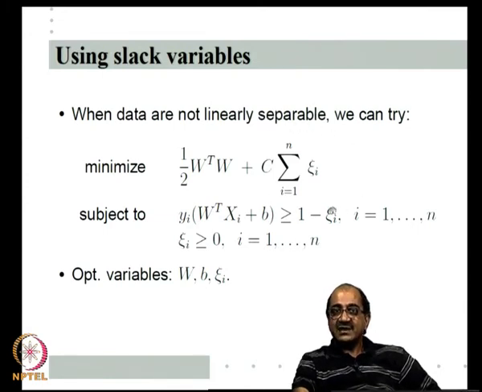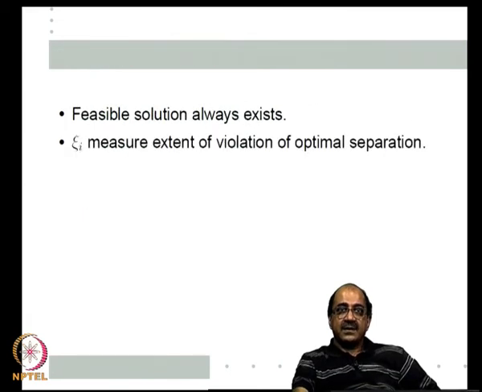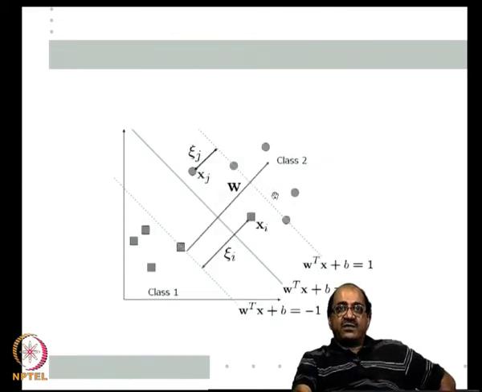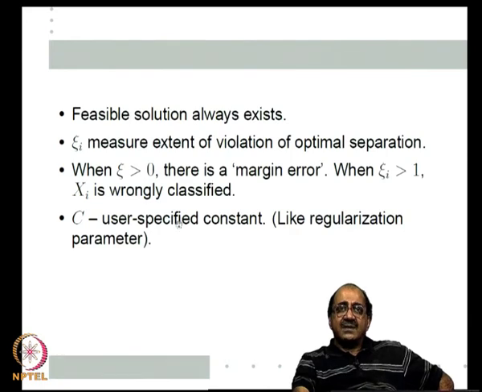So, this gives some measure of the error in optimal separation. C tells you how much error I am willing to trade for how much increase in margin. C is a user-defined parameter, much like a regularization constant. Later on we will see that it is actually the regularization constant. C is user specified.